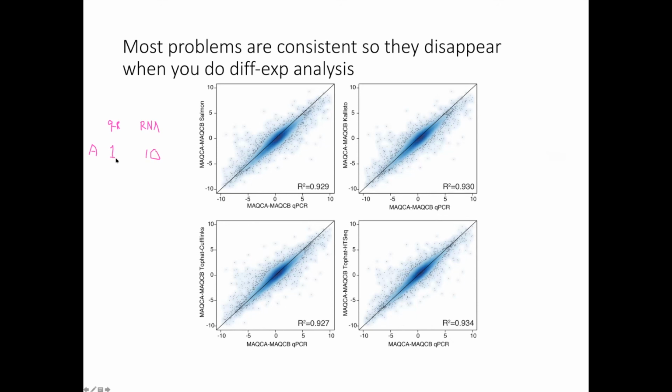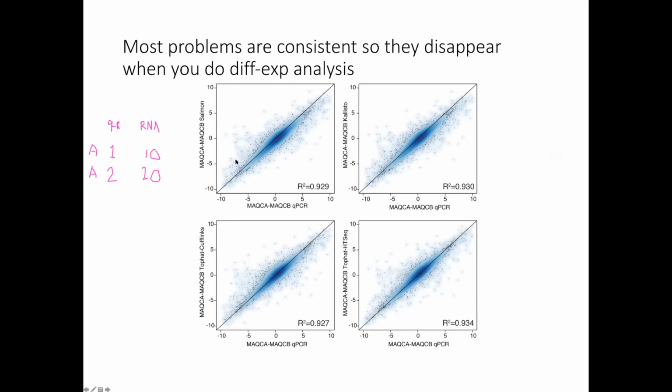So it should have been the same, but because you're using two different methods, you're getting different values. But now you're taking another sample and you're measuring A again, and you see that this one now turns to 2. Then when you're doing this analysis in this method, it gets to be 20. So the difference between the samples is the same, even though there's an error in how highly expressed they are.